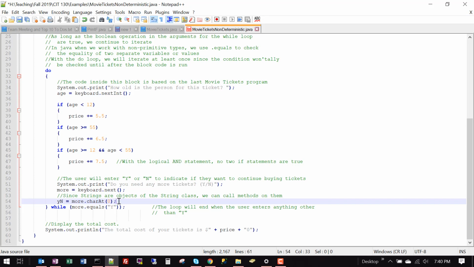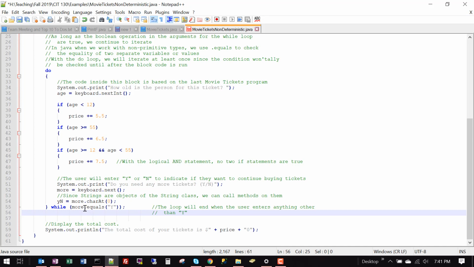So if they typed in YES, the indexes are 0, 1, and 2, because yes is a 3-letter word. So whenever we use charAt(0), what we are actually doing is pulling the very first character off of the word or the string.